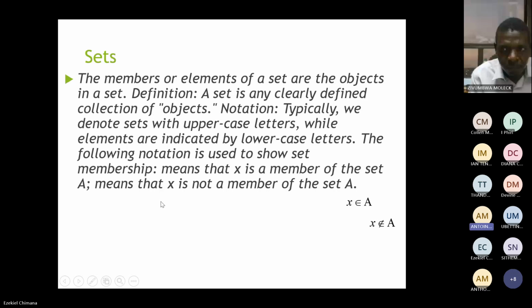What this sentence means is that when you are drawing a set, indicate your set with the capital letter A and the other set with capital letter B. What is in the set, you must indicate using lowercase.